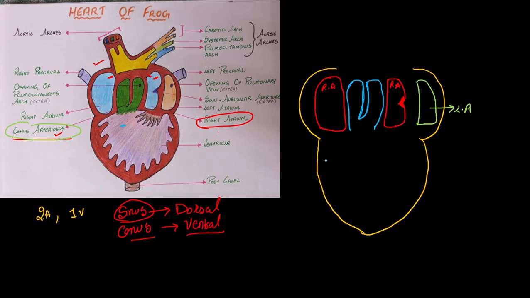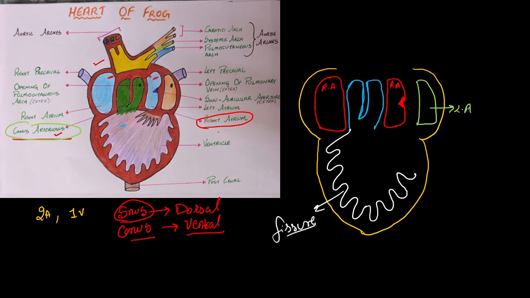Now here the conus arteriosus, as I told you, will be attached to the ventricle. So let me draw the ventricle over here. This you can see it is not smooth, lots of ridges will be there to form fissure. Okay, to form fissure, depth will be there. Okay, now chordae tendineae and papillary muscle, all those things will be there, but right now you don't need to study them.